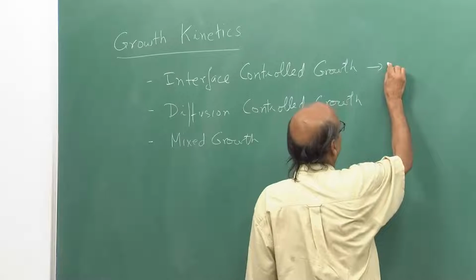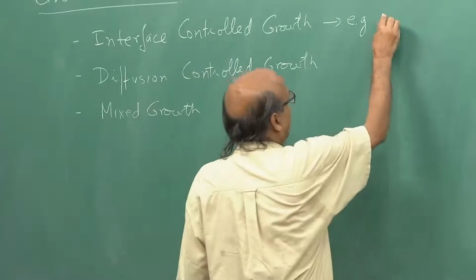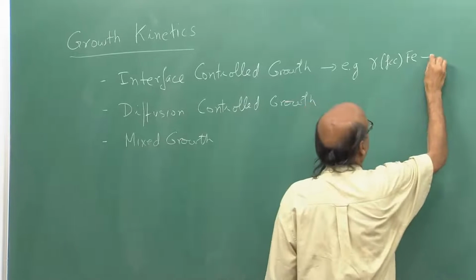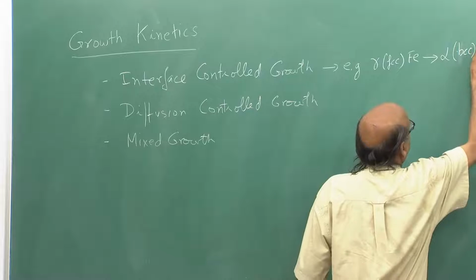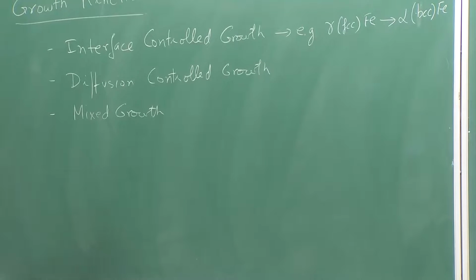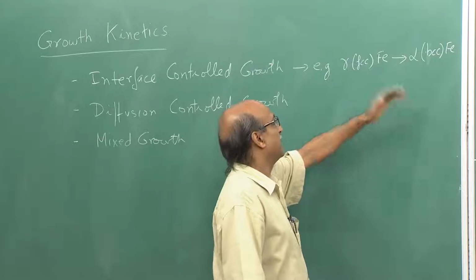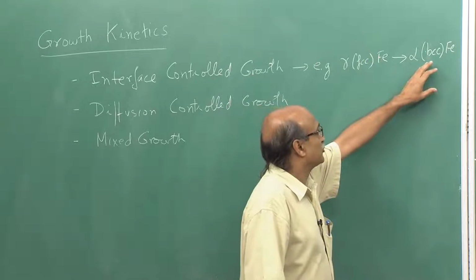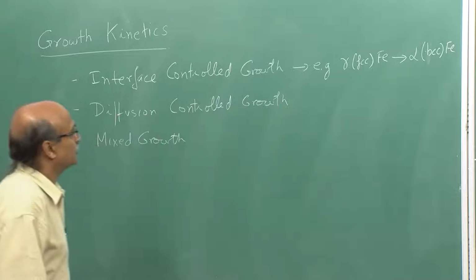Or another example, in the solid solid case, could be gamma FCC iron transforming to alpha body centered cubic iron. Again a single component system where it is going to be an interface controlled growth because there is no diffusion involved, but atoms have to jump from the parent face centered cubic phase across the interface to the product phase, which is alpha, or the body centered cubic iron.